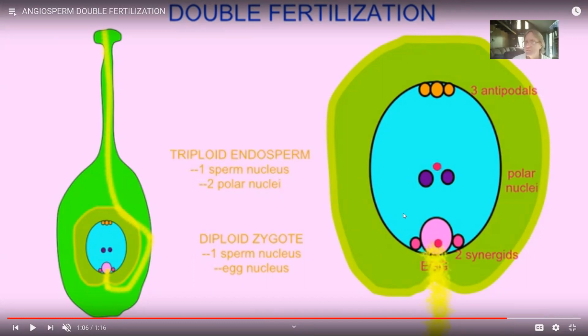Thus, in a seed, it's rather complicated because this tissue is maternal tissue. It's diploid with only the maternal input. This is triploid, where 1/3 of the chromosomes are coming from the male parent. And then here's the egg, which is diploid with half of its chromosomes from the male and female parents, respectively.